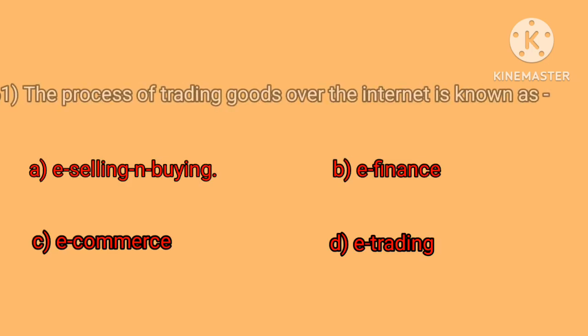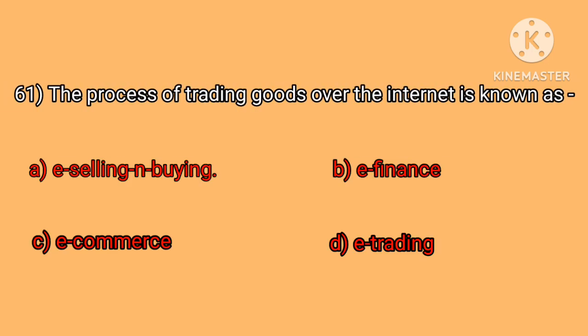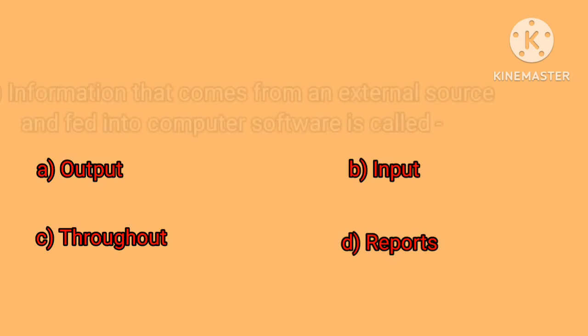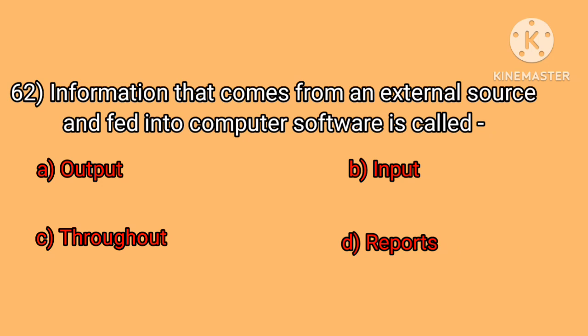This is the process of carrying out commands. Executing. The process of trading goods over the internet is known as e-commerce. Information that comes from an external source and fed into computer software is called input.